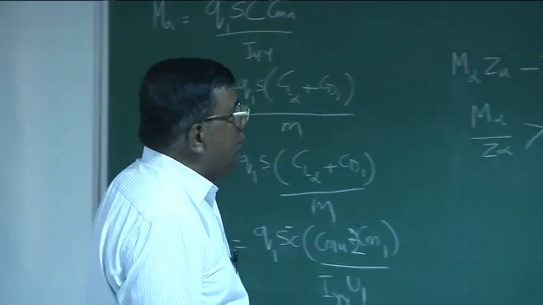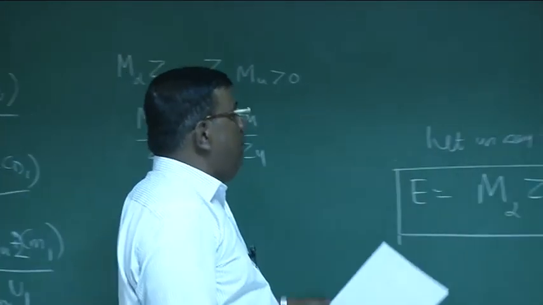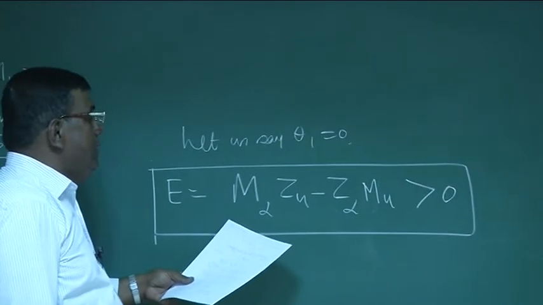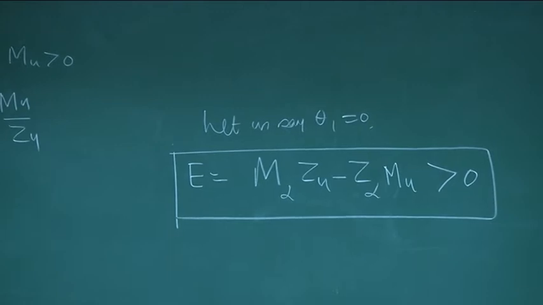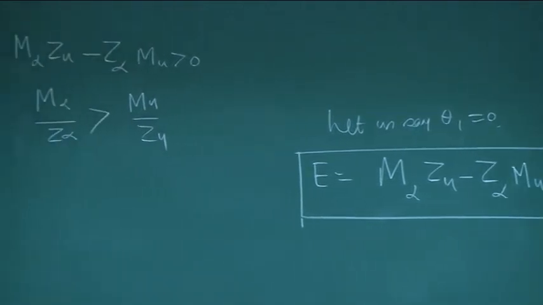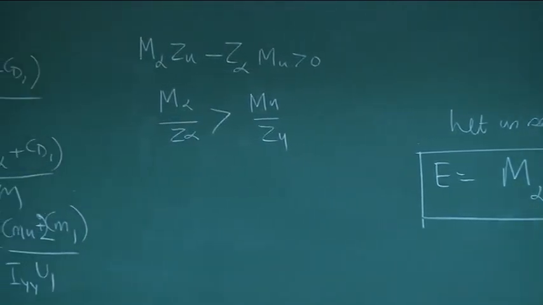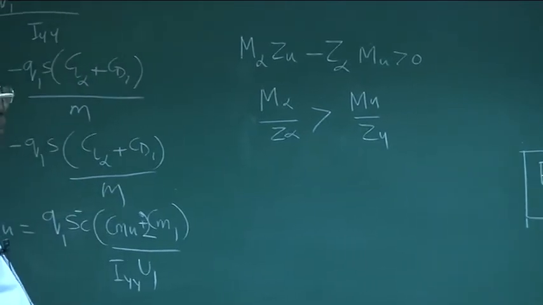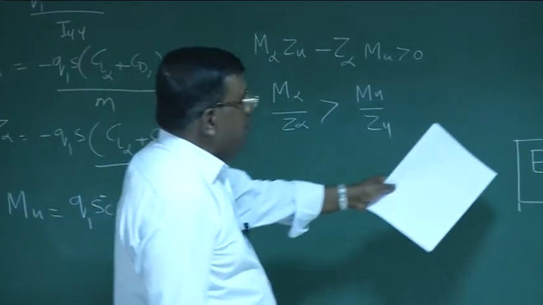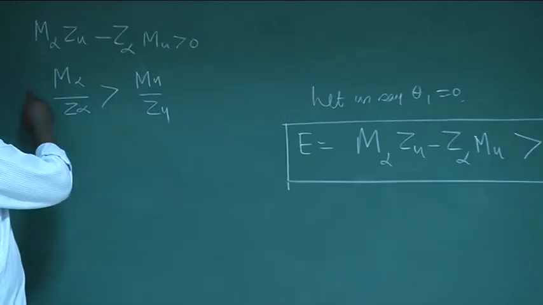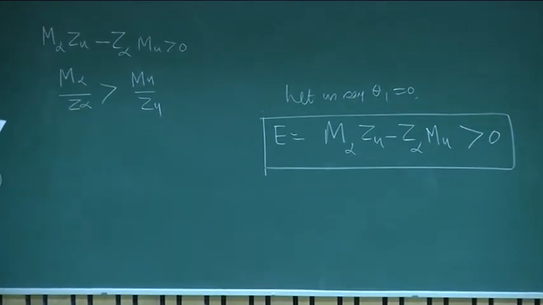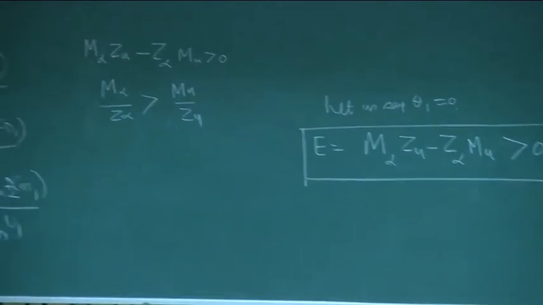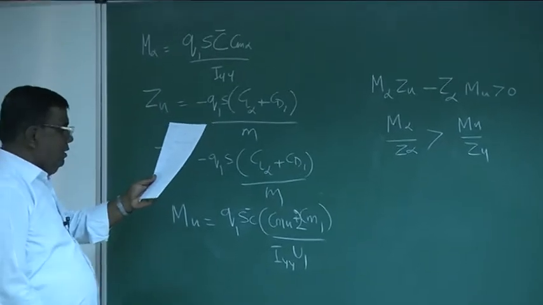We are trying to understand what additional information pertaining to stability we get through these coefficients. We know for dynamic stability all of A, B, C, D, E should be greater than 0, so we are studying the case of E greater than 0. E greater than 0 means this expression is greater than 0, which tells me m alpha by Z alpha is greater than mu by Zu. Now I substitute m alpha, Z alpha, mu, Zu in this expression.